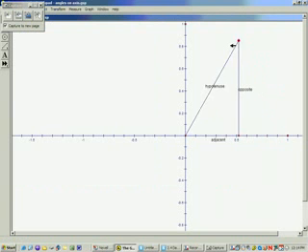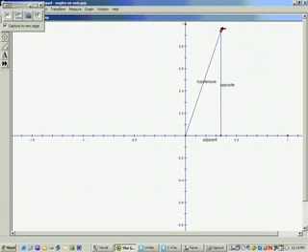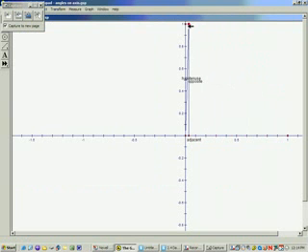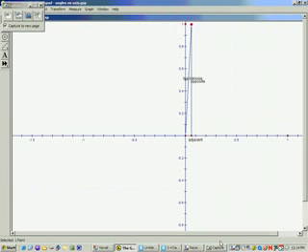However, watch me move this up to here. Notice that the opposite gets bigger and bigger and gets closer and closer to 1. And the adjacent is moving closer and closer to 0. So if I capture that, where are we at?